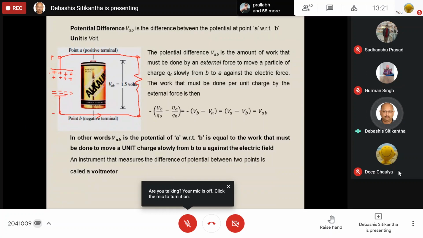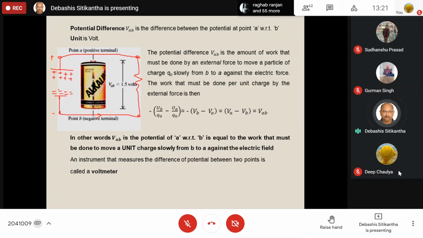So positive and negative charges are evenly spread along the body of this cell. But the chemical reaction is producing some force, or some energy, which is responsible for separating the negative charges from the positive charges. So it pushes all the negative electrons to one side, and therefore the other side becomes flooded with positive charges.